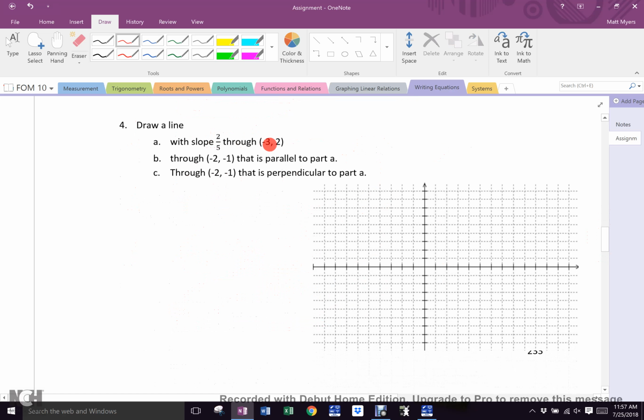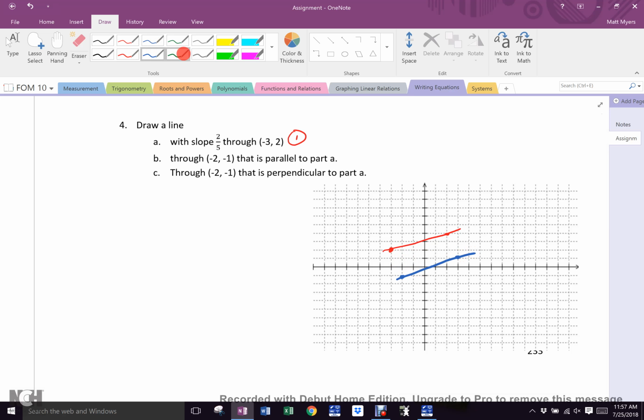And draw the line through (-3, 2) with a slope of 2/5, up 2 over 5. There's line 1 for 1 mark. The other one goes through (-2, -1) but is parallel, so up 2 over 5. There's number 2.